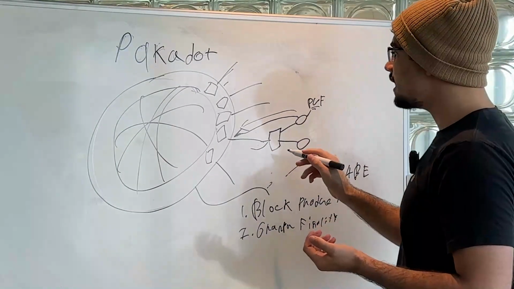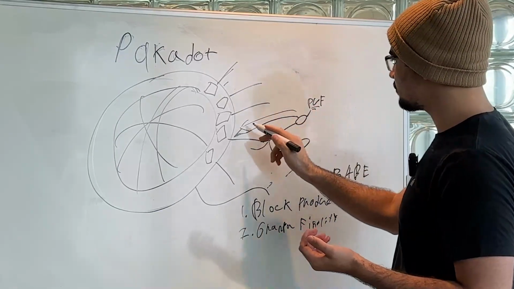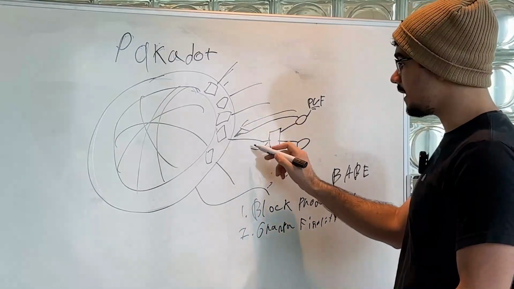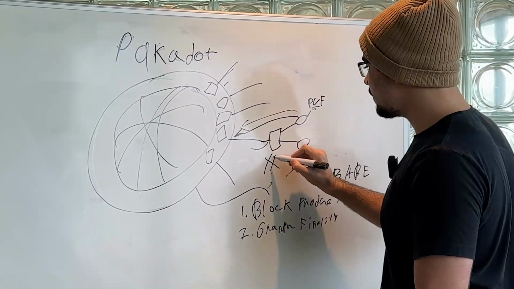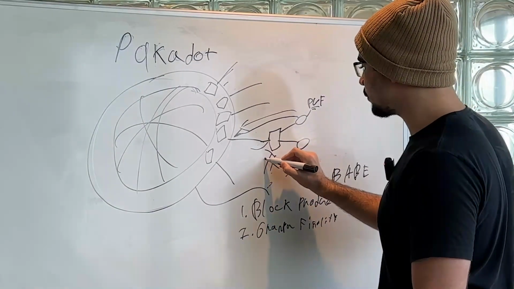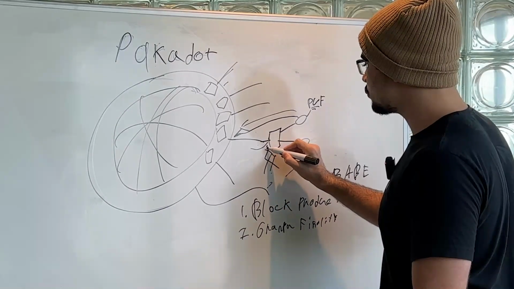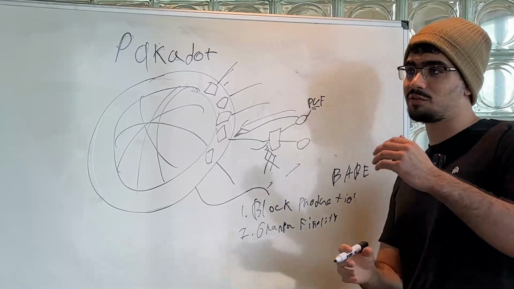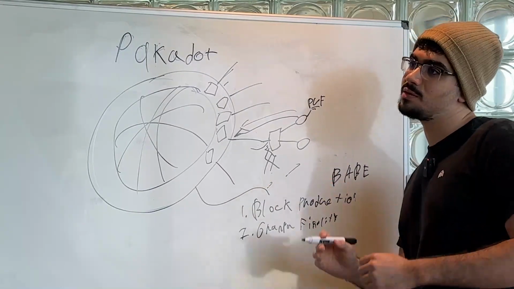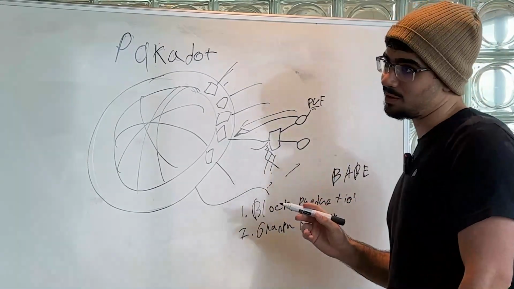So if these state changes match that state root of the parachain's Merkle tree here, then we know that these are probably correct. And then we're able to send that as a proposal, like, hey, this looks correct. And that's kind of our first round of validity checks that happen when we send up a parablock.